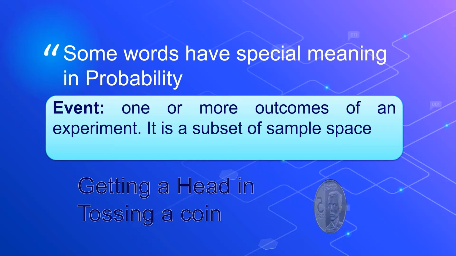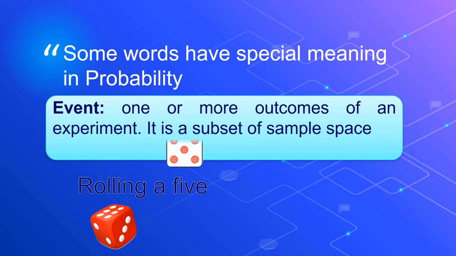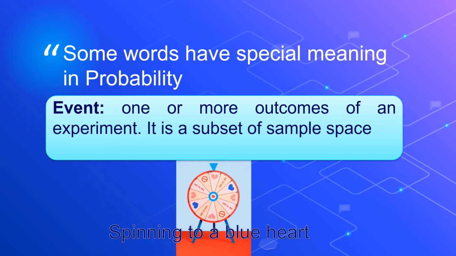If we have only single coin, we have a head. E is equal to H. In rolling a die, our event is rolling a 5. And another event is spinning to a blue heart.